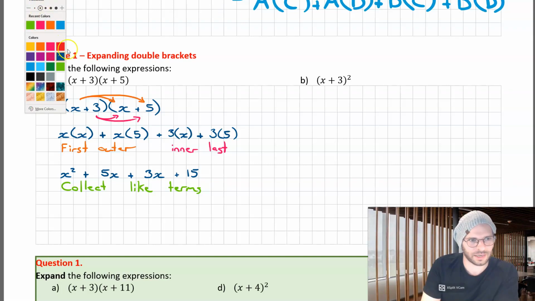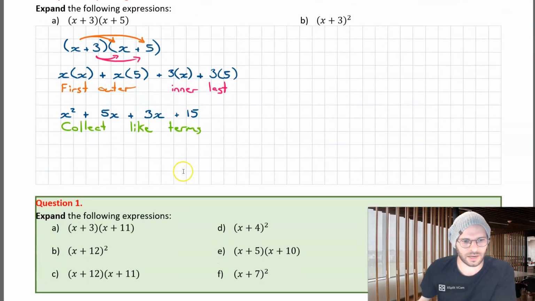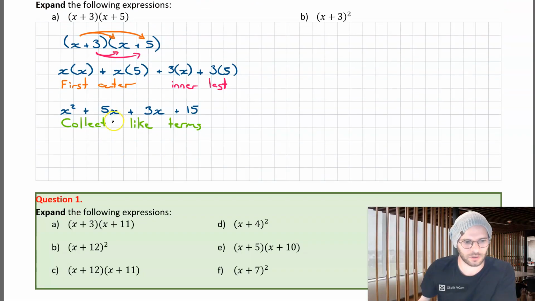Collect like terms is the process where, when we find terms that have the same combination of variables, we add the coefficients together, or the numbers in front of the variables. So x squared is its own variety. 5x and 3x have the exact same combination of variables, so the coefficients may be added, so 5 plus 3, and the 15 is its own variety as well, it's a constant.